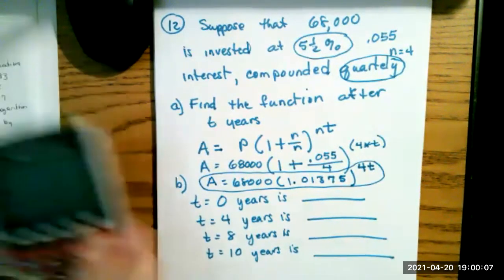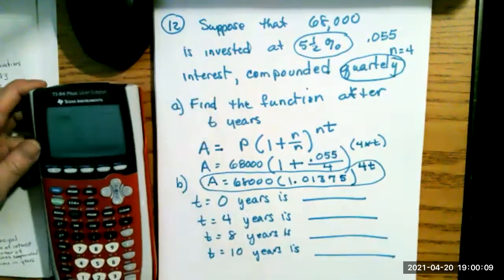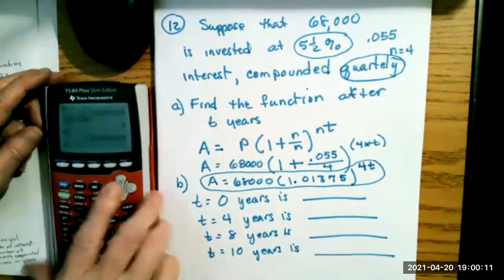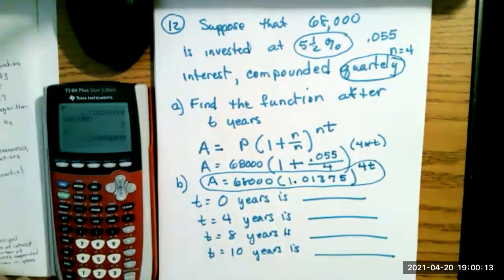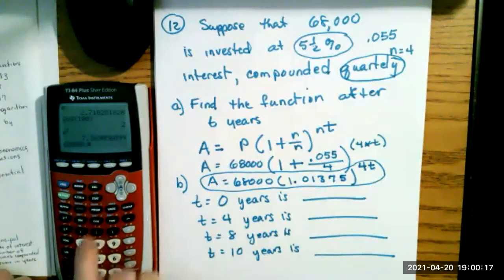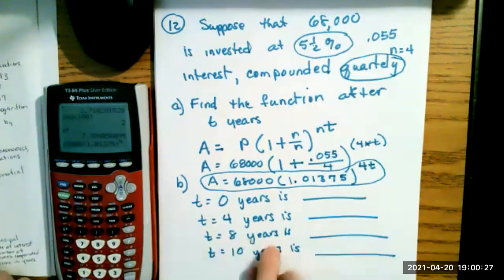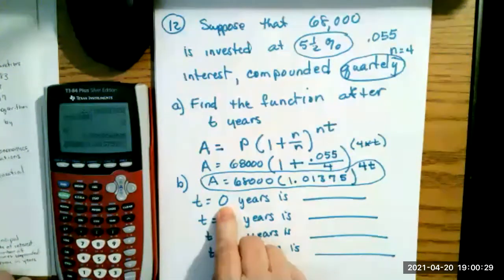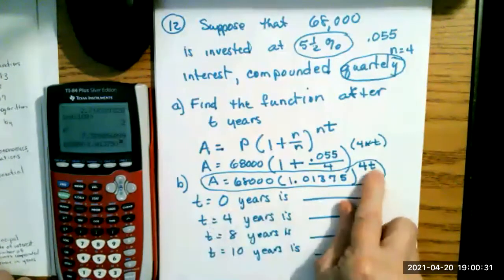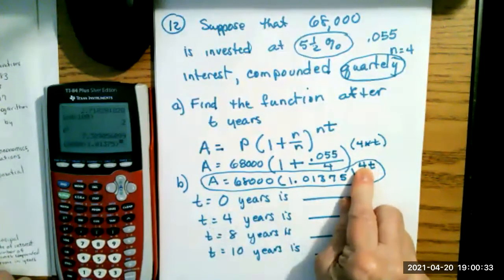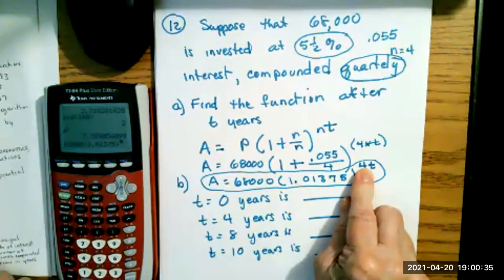Now put that in your calculator on a blank screen. Put 68,000, parentheses, 1.01375, close your parentheses, and raise it to whatever we're going to do here. 0 years would be 0 times 4, which is 0.